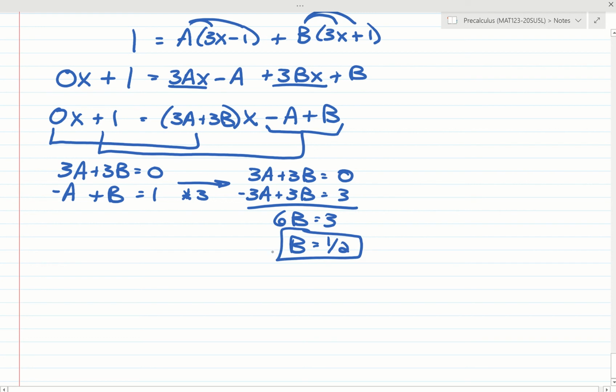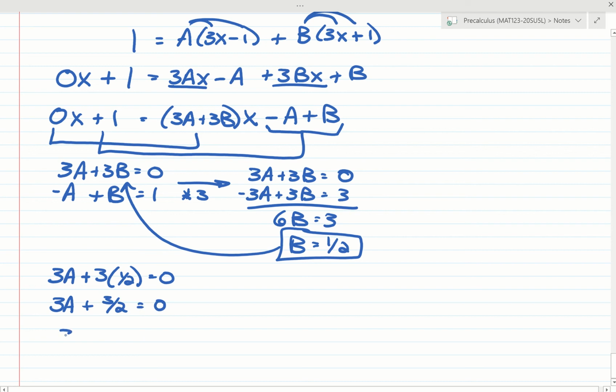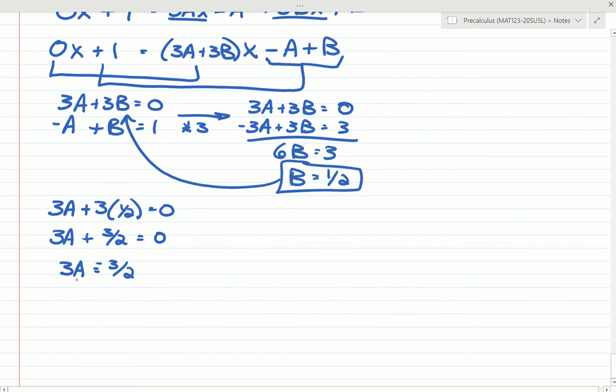And if we just plug that back in, doesn't matter where we plug it in here. 3a plus 3 times 1/2 is equal to 0. Well, a would have to be negative 1/2, but let's see how this works out. We could divide by 3, multiply by 1/3. A would equal negative 1/2.